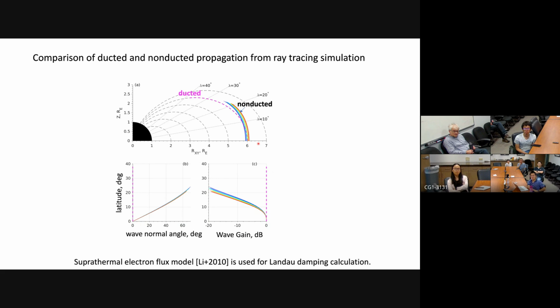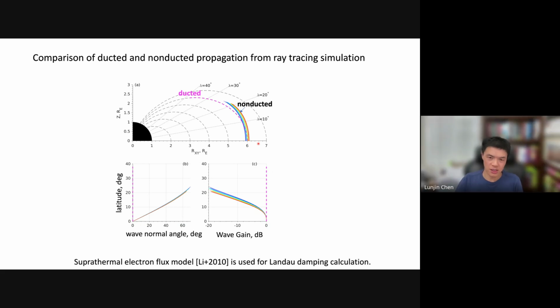Sorry, I may be too ignorant about this. So chorus wave or whistler wave is supposed to ideally just propagate along the field lines, right? The group velocity is more or less within 20 degrees of the field line. The wave energy more or less propagates along the field line, but the wave vector k can be oblique.